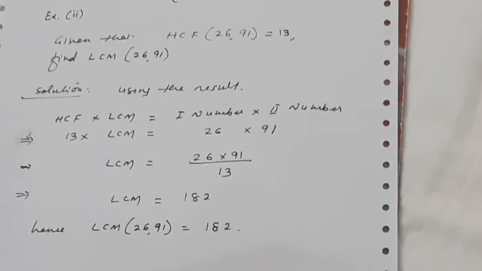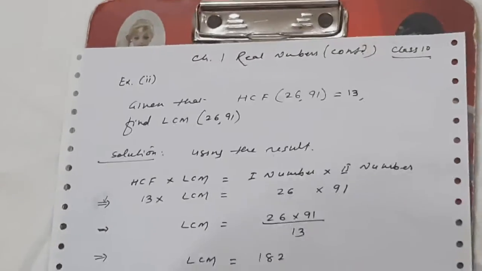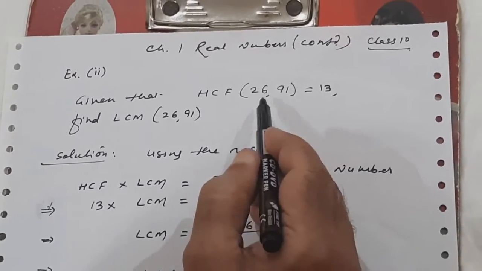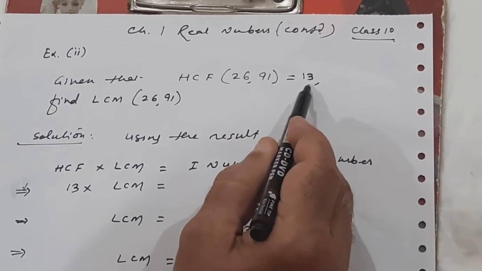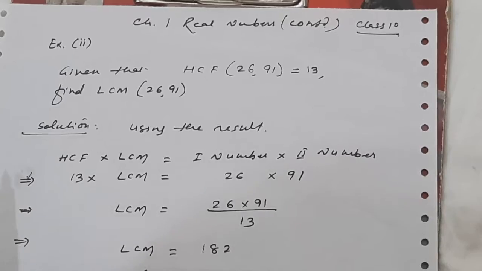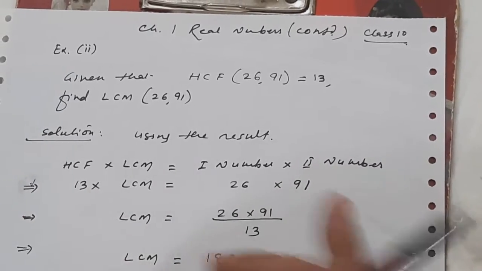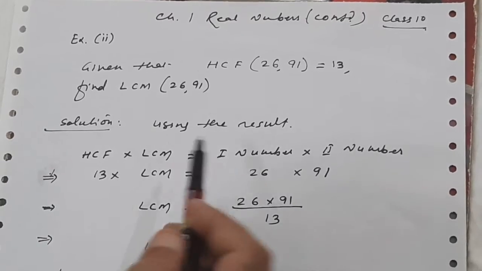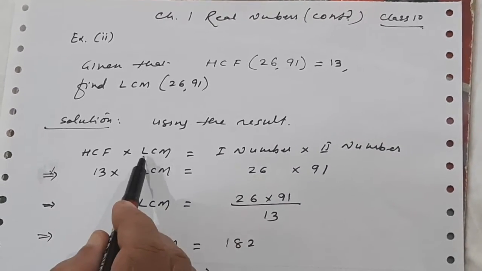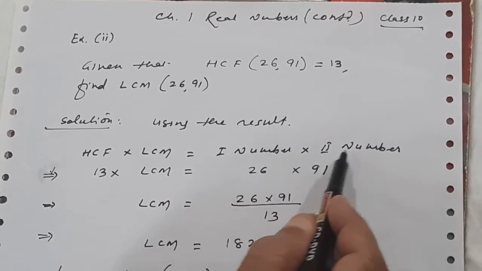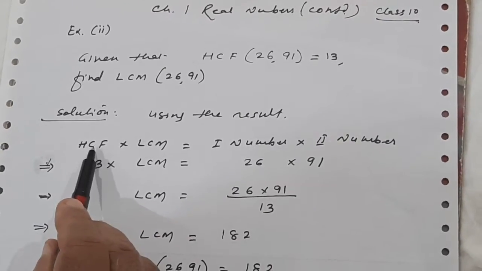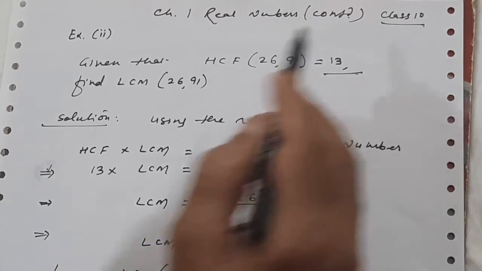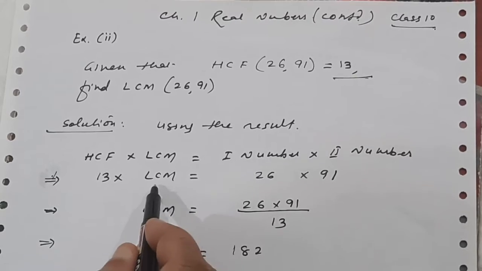Now one more example based on this principle. The HCF of 26 and 91 is 13. Find the LCM. Now we are not going to use our earlier method. We are going to use this principle. So using the result, HCF into LCM is equal to first number into second number. What is the HCF? That is given as 13. We have to find the LCM.